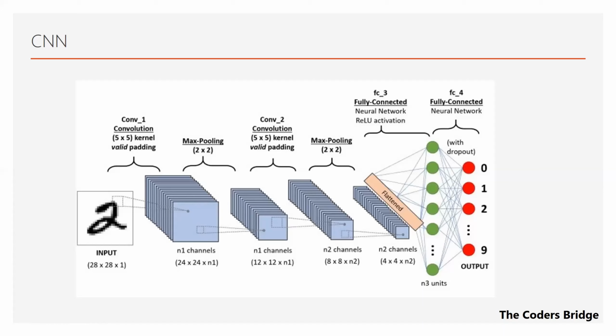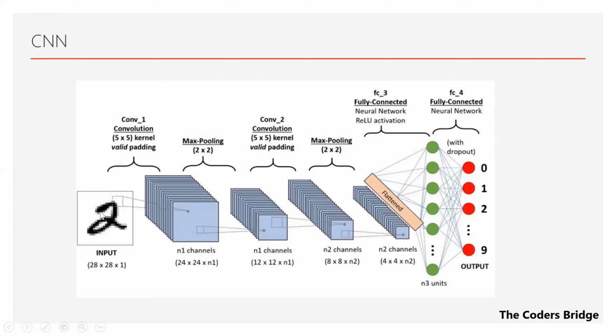The network multiplies each layer with a filter. For example, we have 28 cross 28, and our max pooling here is 2 cross 2.